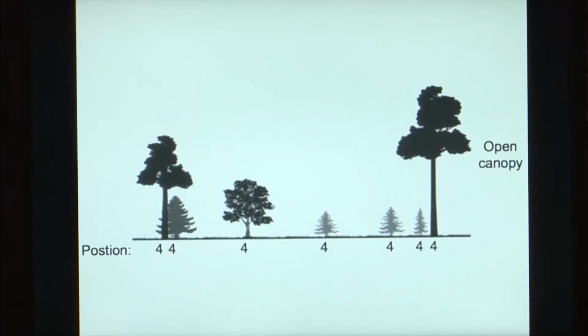Here we have trees of position code 4 as well, because in this case this canopy does not cover the whole bare ground, which is why it is difficult to find out an average canopy height, or this average overstory canopy zone. So, because these trees are not facing any competition whatsoever, we will call them open canopy trees or code 4 trees. So, by this we can figure out the canopy position.